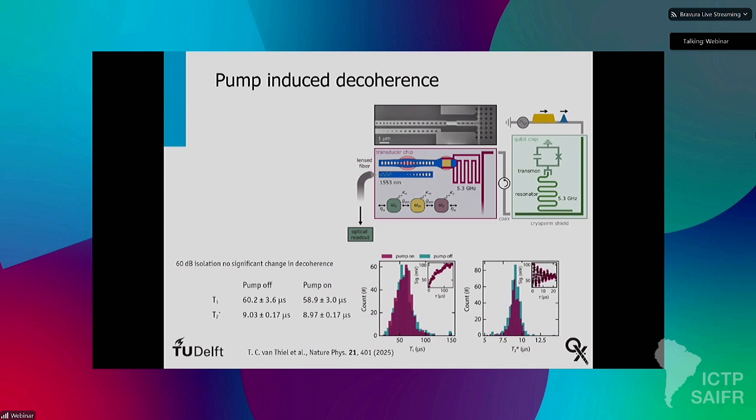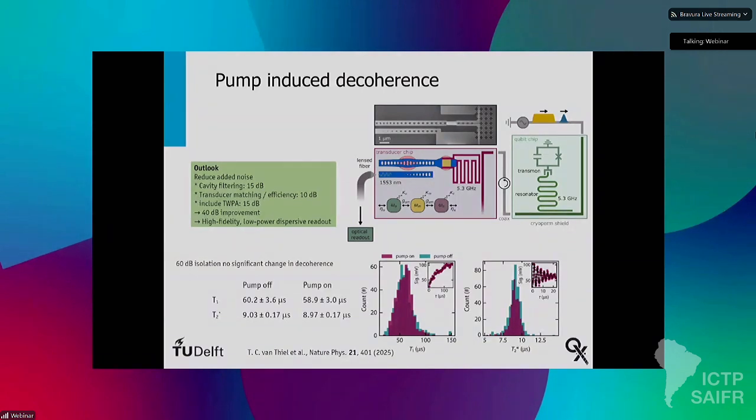Now, in terms of improvements that we can make, you can filter the reflected light. There's some spurious light coming back that's adding noise to the detection. You can also make the transducer higher efficiency. You can match the transducer and the readout resonator better. And very much like in the microwave domain, you can also include a parametric amplifier to boost your signal.